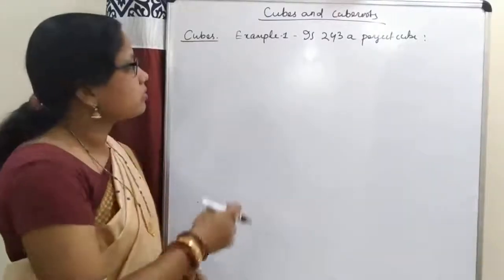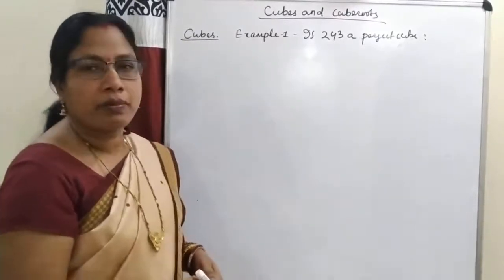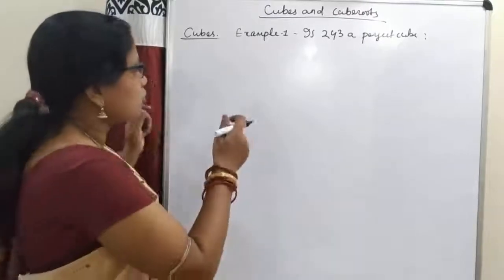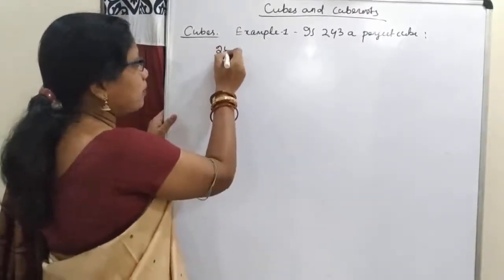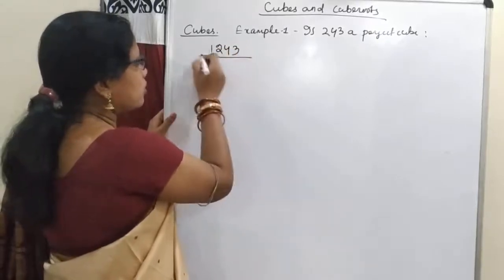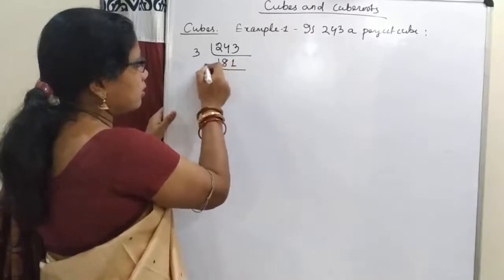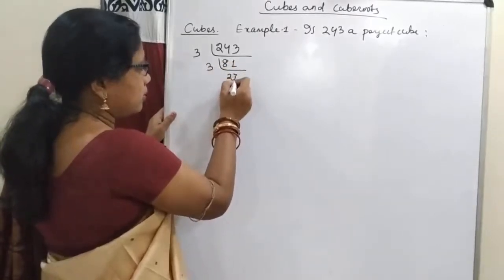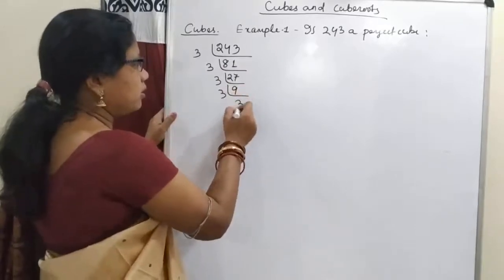Let us solve some examples. Example 1: Is 243 a perfect cube or not? First we have to factorize 243 by the prime factorization method. This is 3, 81, then 3, 27, 3, 9, 3, 3.